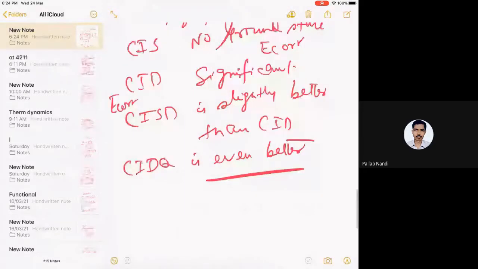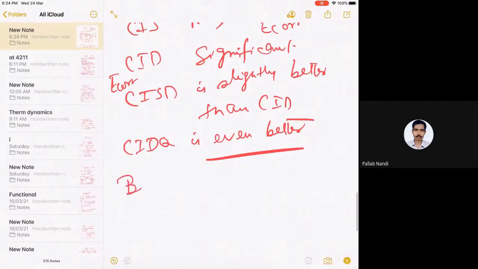So I hope you understand. Whenever I'm saying better, it means energy is lower, or the way I have defined correlation energy is also lower. So it is going down.